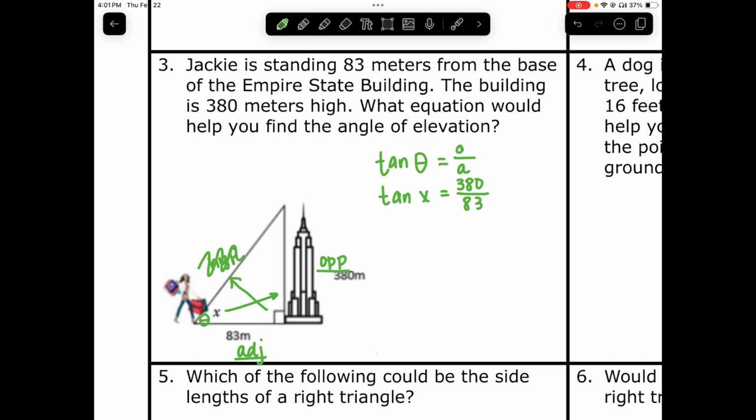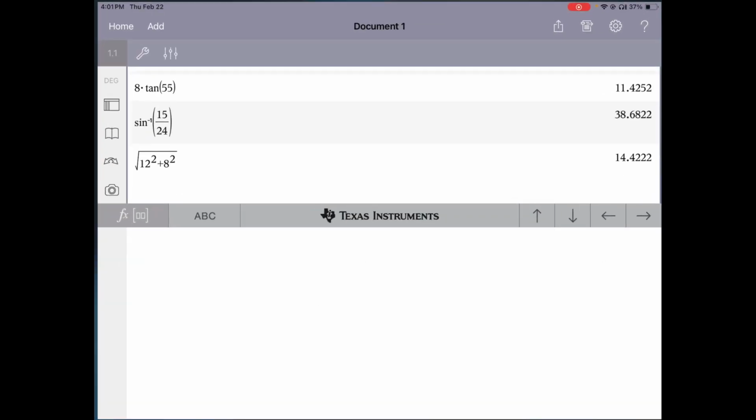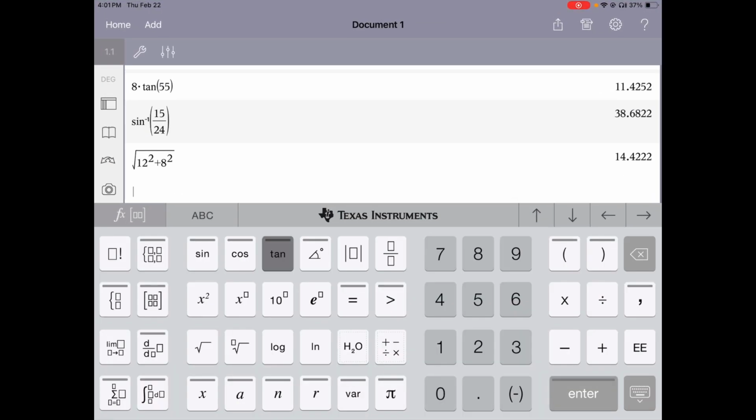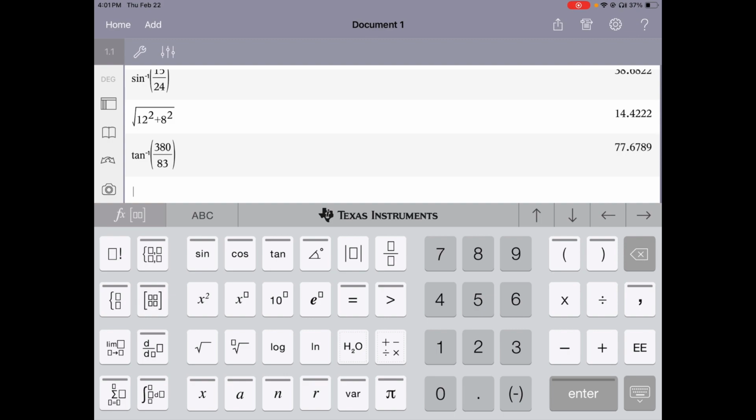Now, if you notice, x is not at the top, nor is it at the bottom, which means we're going to have to use the inverse to figure out x. So tangent inverse, you put the fraction, and then the x travels over there, and that's what we're going to put in our calculator. And we get 77.67.